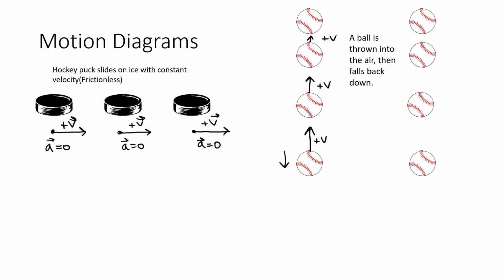So this is an example of a constant downward acceleration. Later on, in the next lecture, I'm going to talk about Earth's gravity as a constant acceleration. So in all of these pictures, there's a constant negative acceleration.